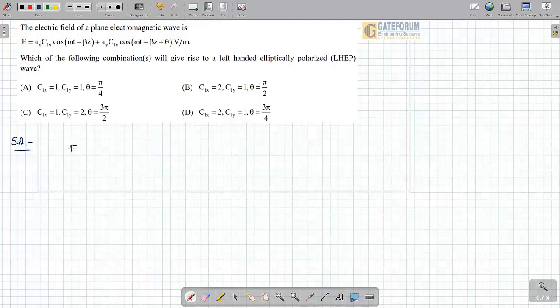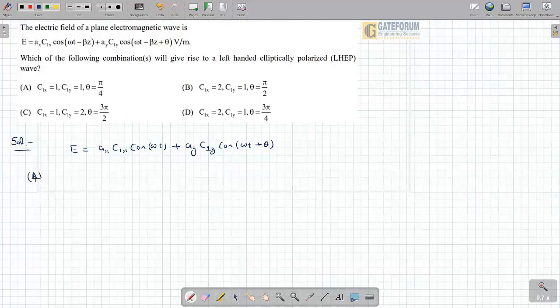So the electric field expression can be written as Ax C1x cos omega t plus Ay C1y cos omega t plus theta. So one by one we will put the values and check the kind of polarization.